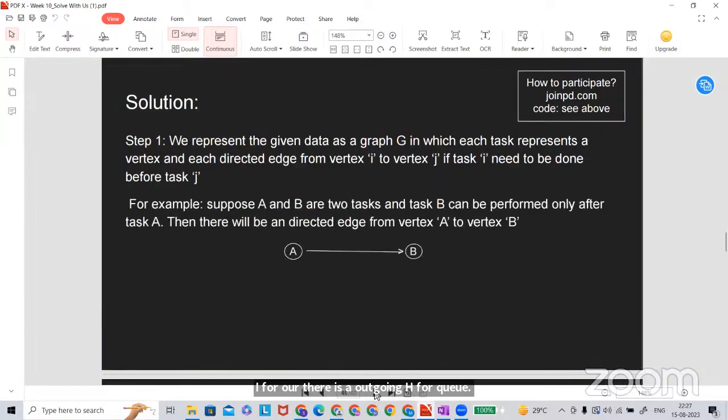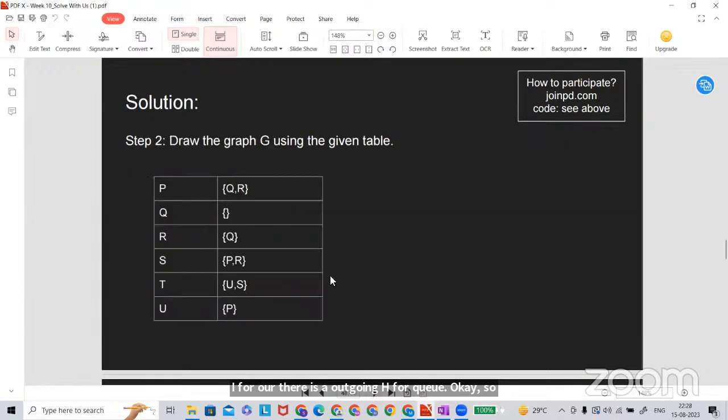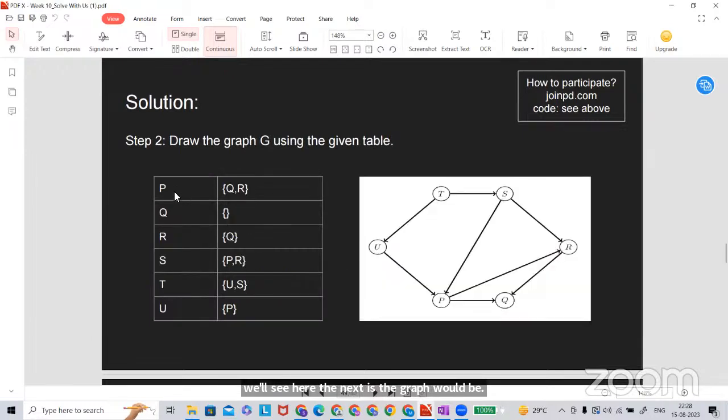The graph would be whatever the data we have. Here is P. From P there is an edge to Q and an edge to R. Q has no outgoing edge, only an incoming edge.